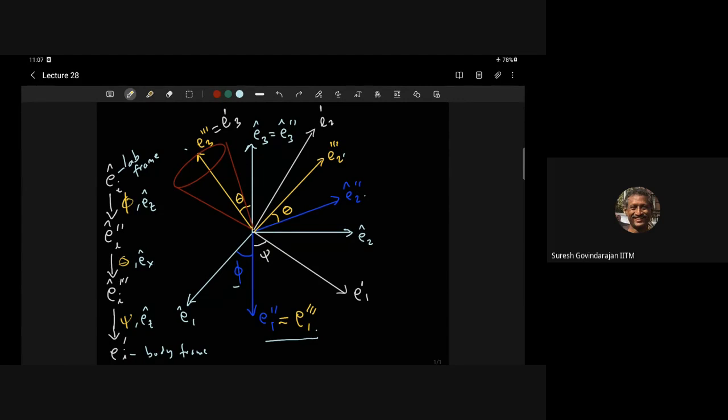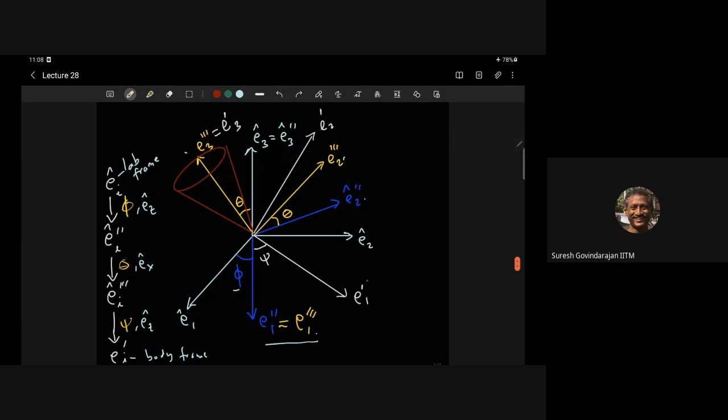Finally, we make a rotation about the z-axis, which is now the E3 triple prime axis, and we get these final axes. Nothing happens to E3, so E3 prime is that. These are our final axes.